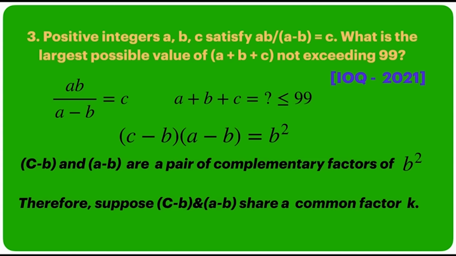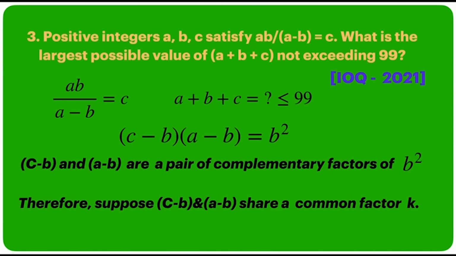And therefore we can suppose the value of the common factor shared by c minus b and a minus b for the b square is k.